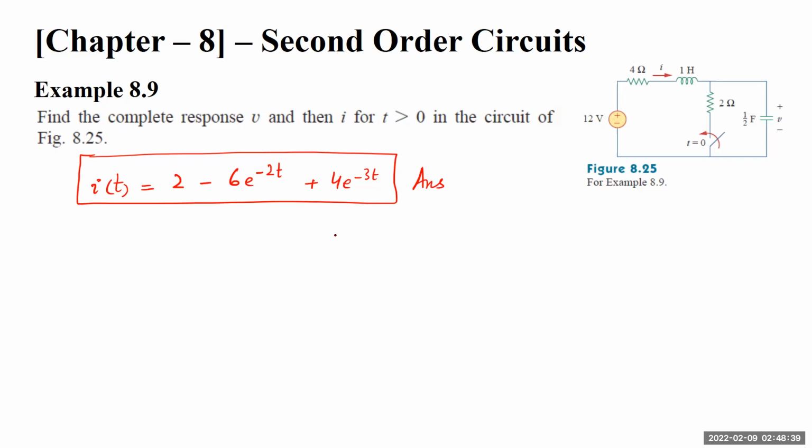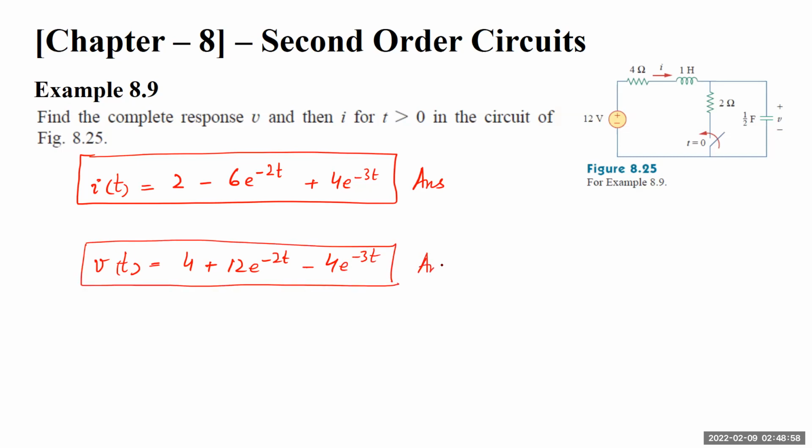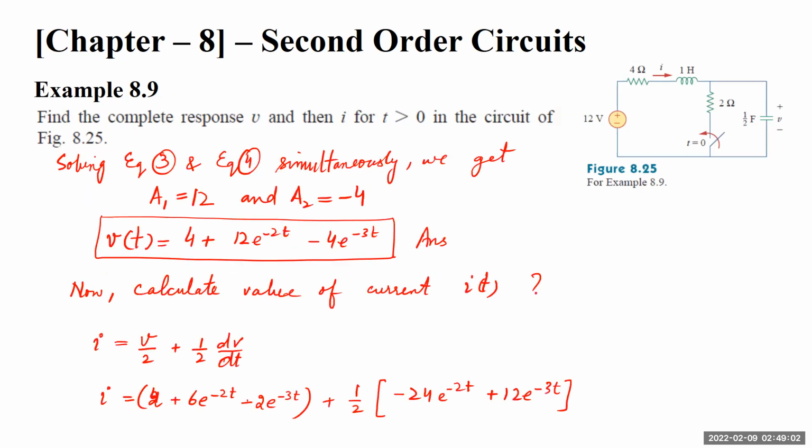So remember, the value of I is this. I'll write the value of V again for you. So value of V was 4 plus 12 e raised to power minus 2t minus 4 e raised to power minus 3t. So this was the value, and let's cross check: 12, 4 minus 4.